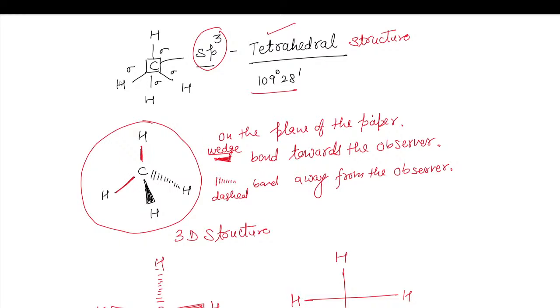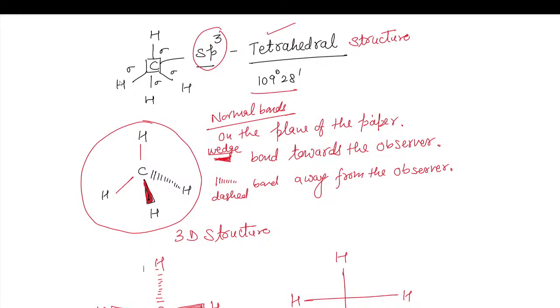The normal bonds are the bonds on the plane of the paper. This one is towards the observer, that is the wedge, and this dashed means away from the observer.